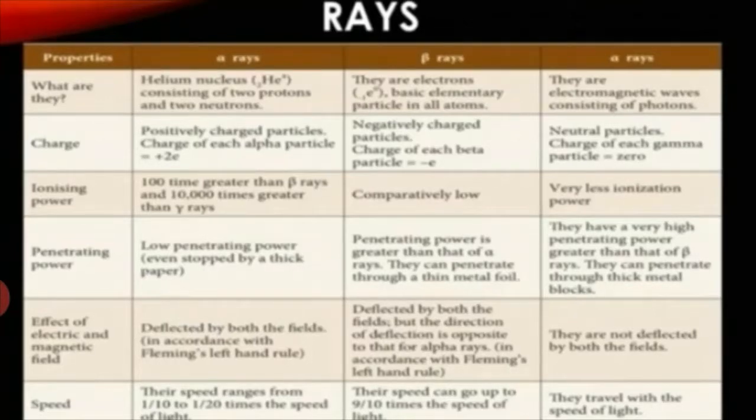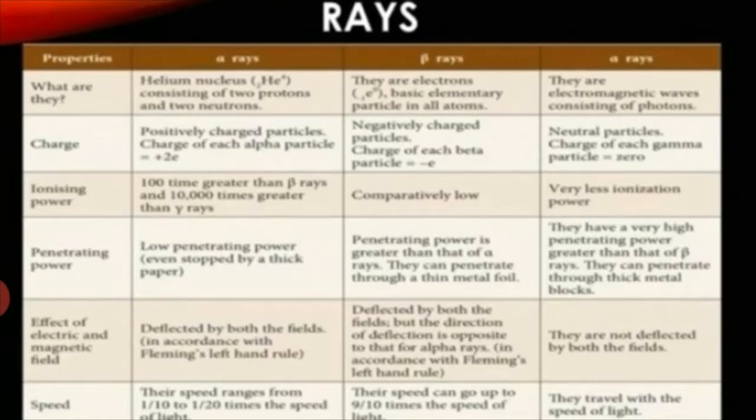They can penetrate through a thin metal foil. For gamma rays, they have a very high penetrating power, greater than that of beta rays. They can penetrate through thick metal blocks.